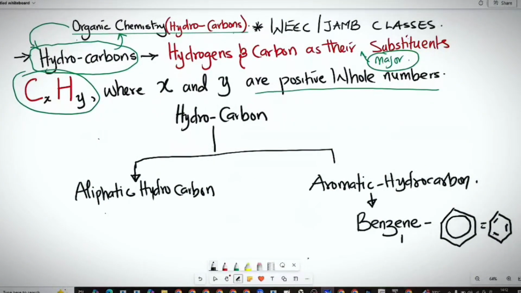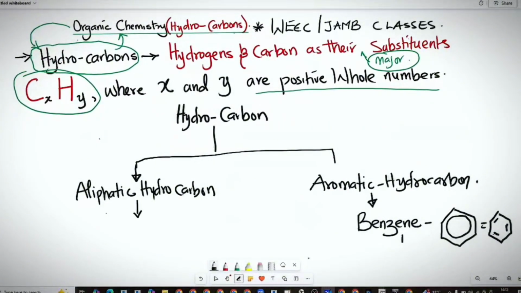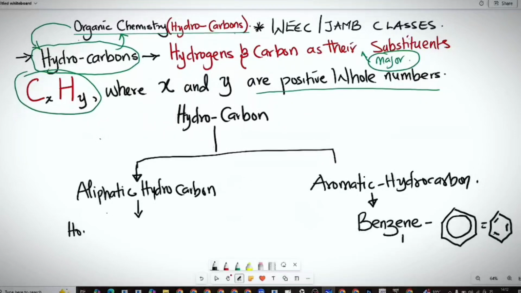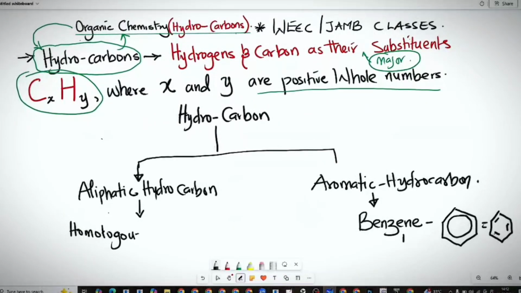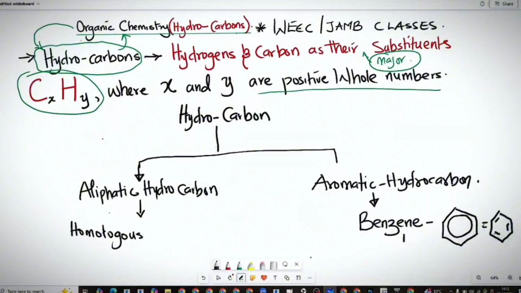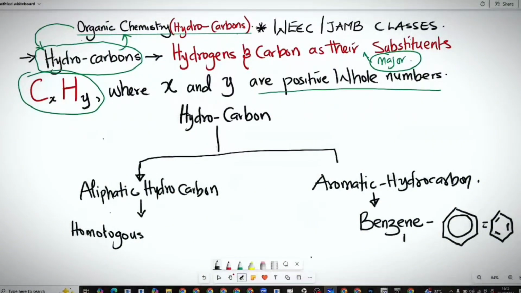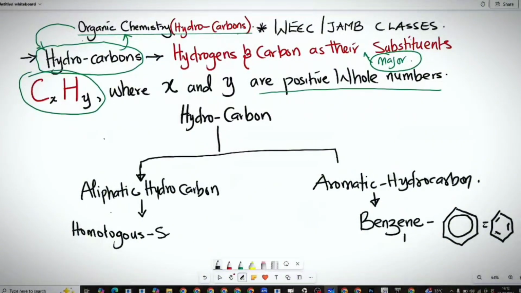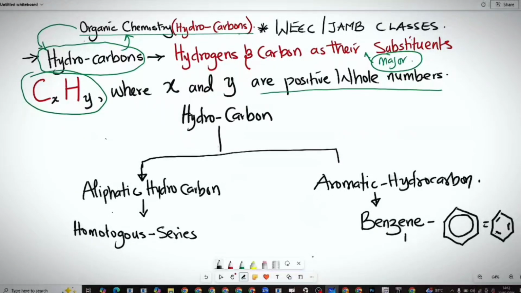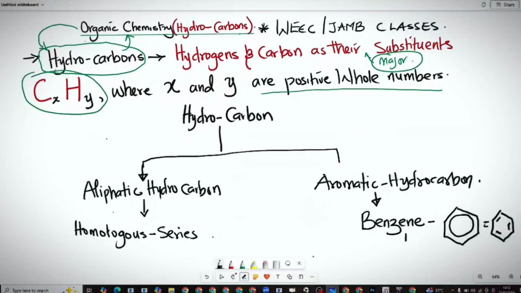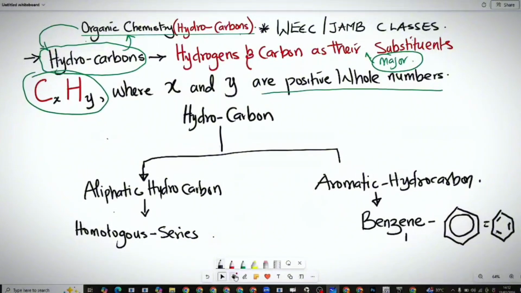The aliphatic hydrocarbons are the hydrocarbons of the homologous series. Hope I'm spelling it well. Homologous series, right? And for the homologous series, there are basically three types of family of the homologous series we will be looking at, right?